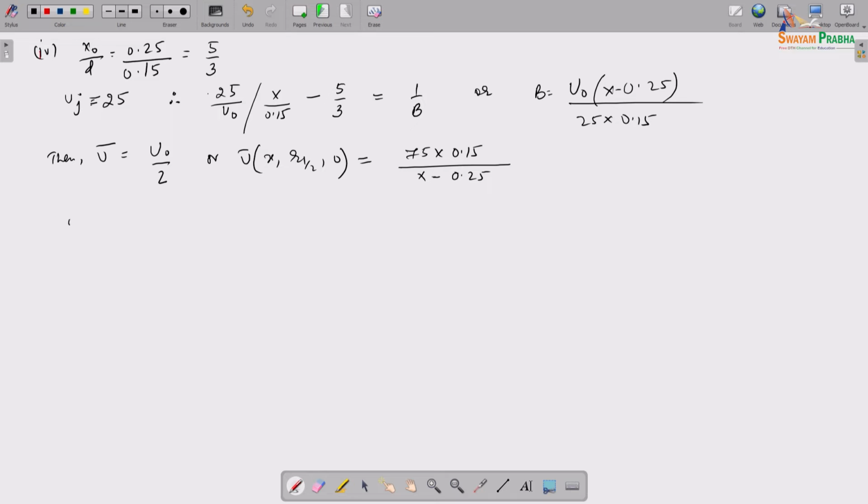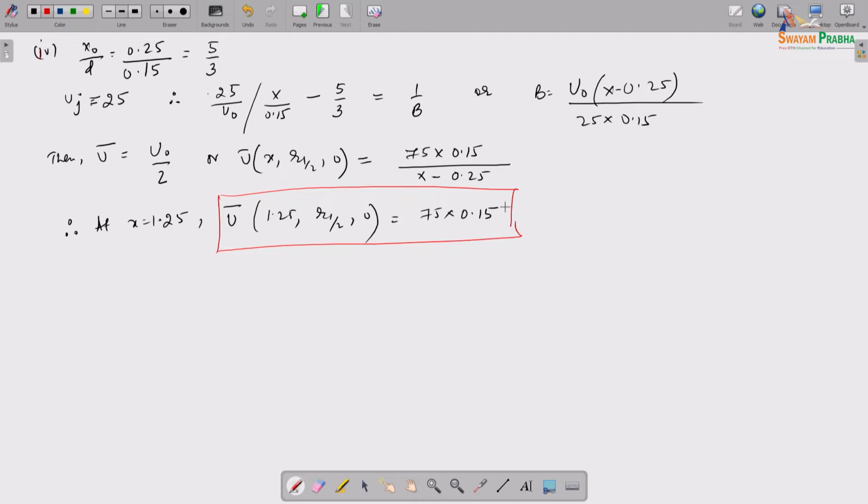Then therefore, at x is equal to 1.25, u mean is equal to 75 into 0.15.